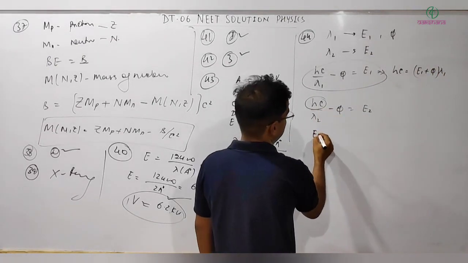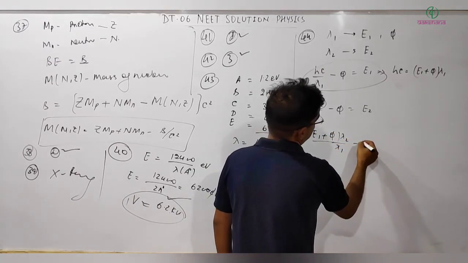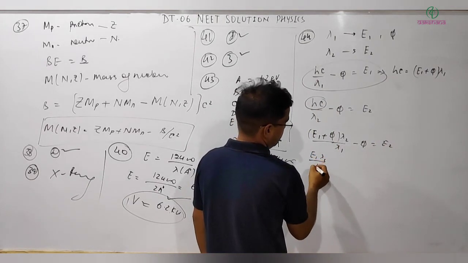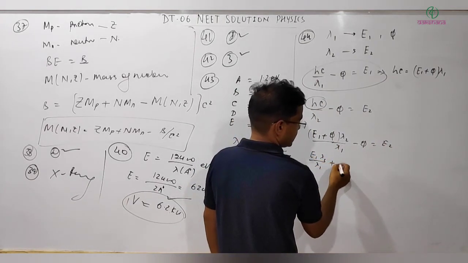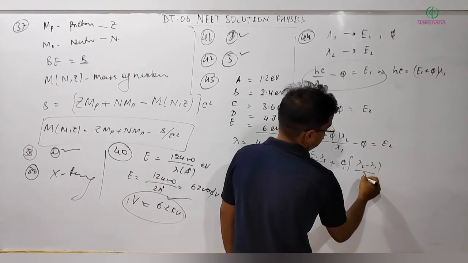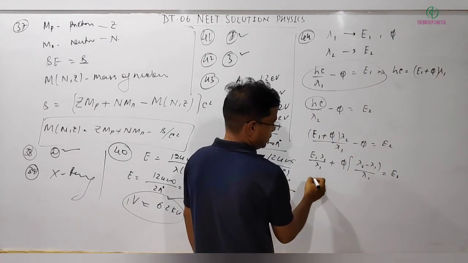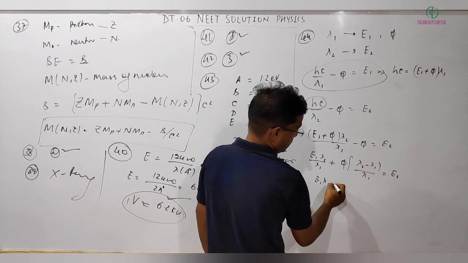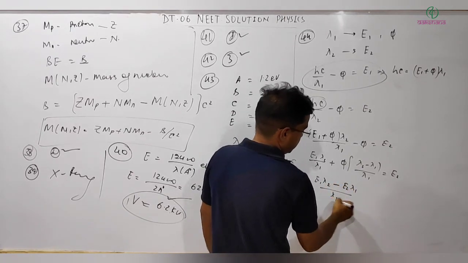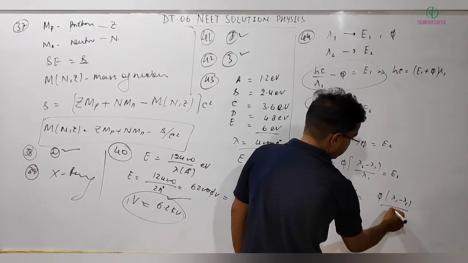Substituting it here, E1 plus phi into lambda 2 divided by lambda 1 minus phi is equal to E2, and this is E1 into lambda 2 by lambda 1, plus phi taken out, lambda 2 minus lambda 1 divided by lambda 1 equal to E2. Bringing it to that side, it's E1 lambda 2 minus E2 lambda 1 divided by lambda 1 is equal to phi into lambda 1 minus lambda 2 divided by lambda 1.